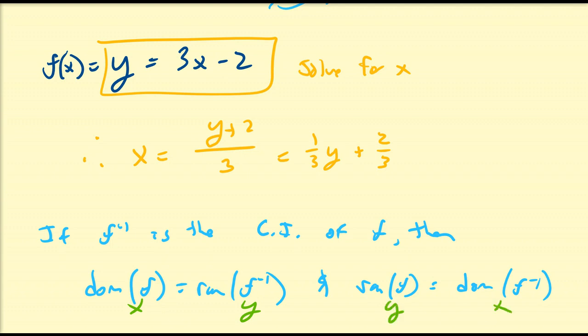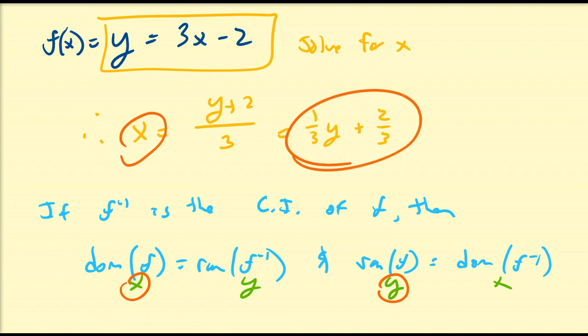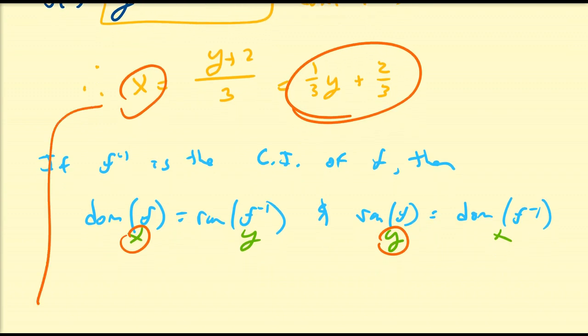So pretty much what they do is they swap positions, right? So if we want a functional representation, pretty much all we need to do is just replace x with y and y with x, and that is going to give us, if it exists, the functional representation of the compositional inverse of the original function. So using this expression, we can say that f inverse of x is equal to 1/3 x plus 2/3.